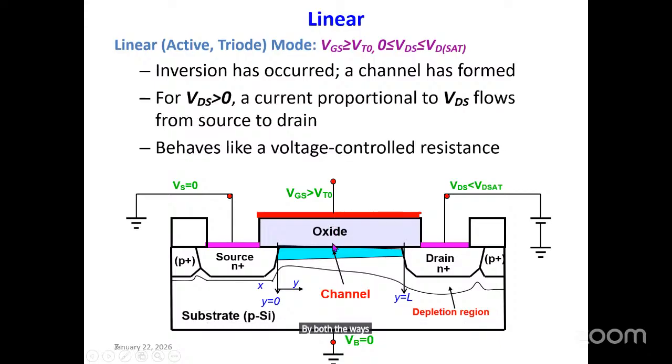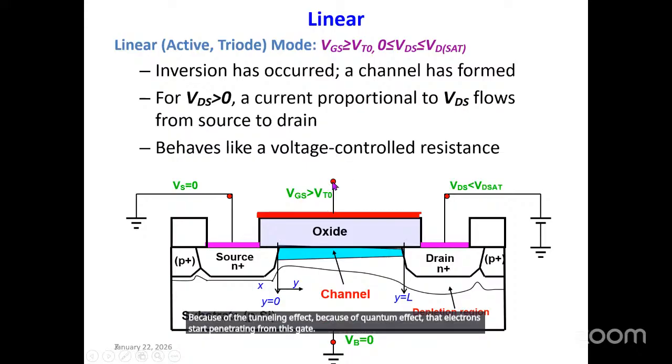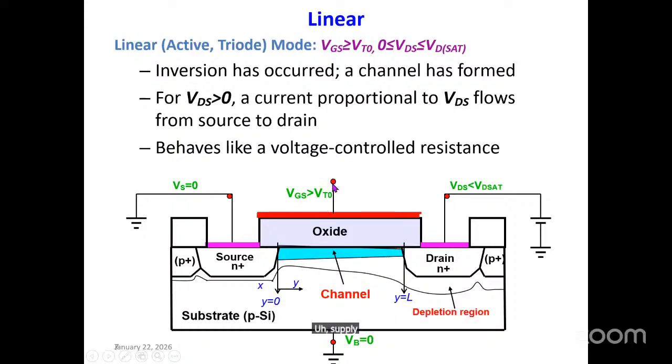When the oxide thickness TOX becomes very, very small, because of the tunneling effect, the quantum effect, electrons start penetrating from the gate supply voltage into the channel immediately. This is called leakage, and it started happening when channel length became smaller and smaller.